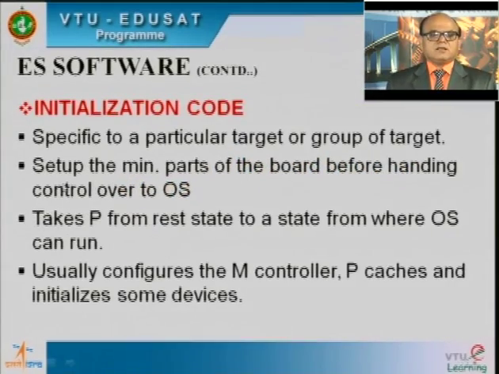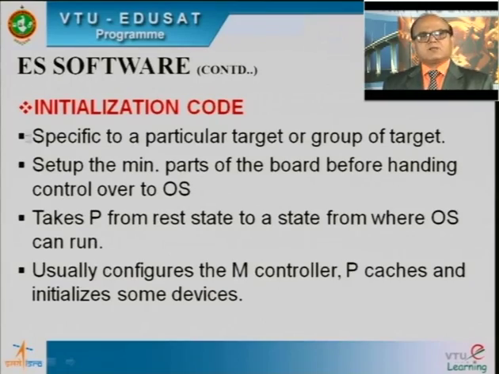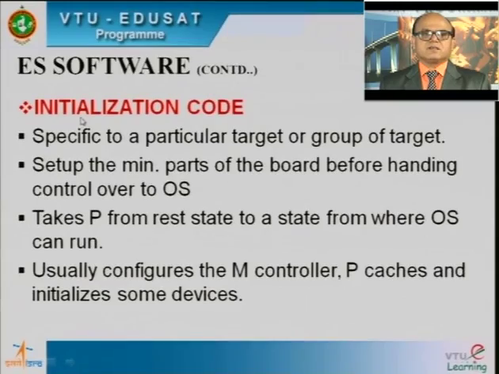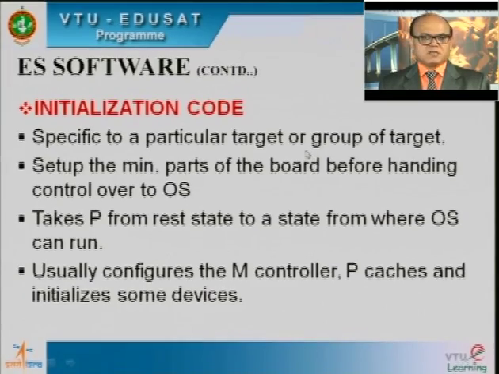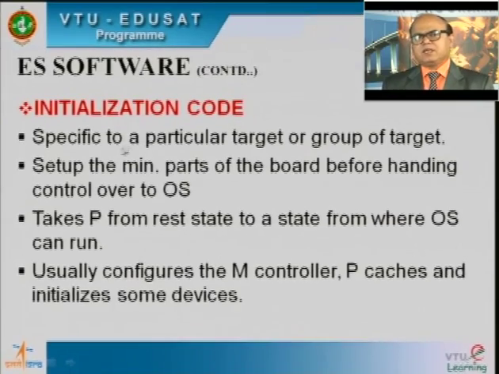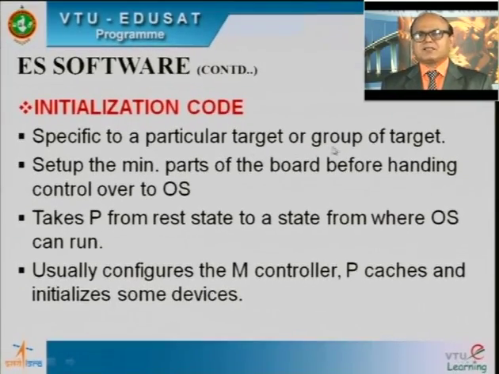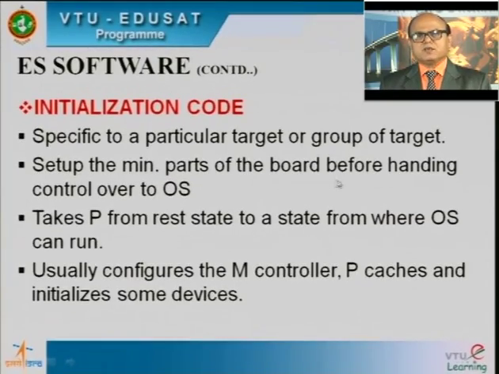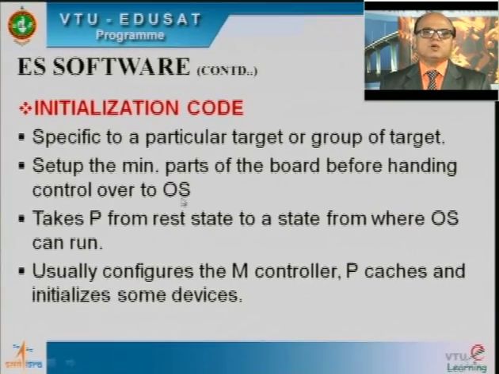And in the stack, the first layer, which is immediately above the hardware device, is the initialization code. The initialization code is specific to a particular target, because it should have the details of the underlying hardware. Therefore it is specific to a particular target or a group of targets, and the initialization code sets up the minimum parts of the board before handing the control over to the operating system.